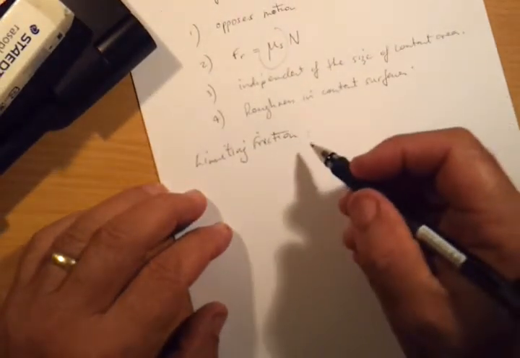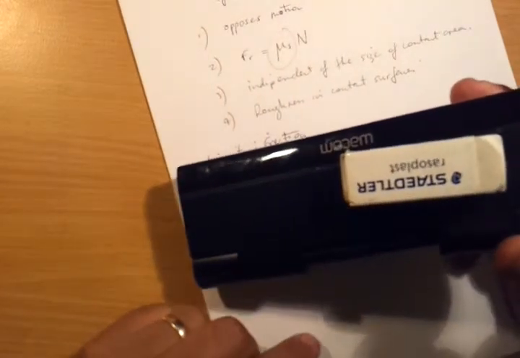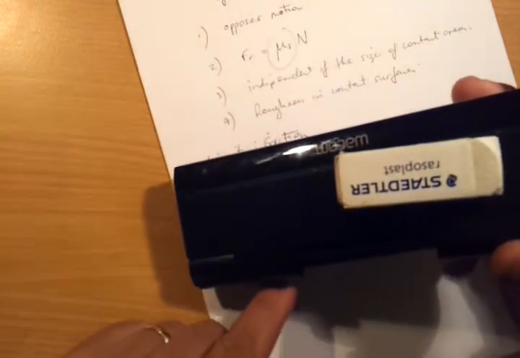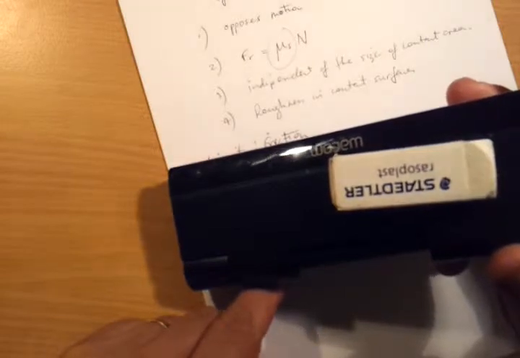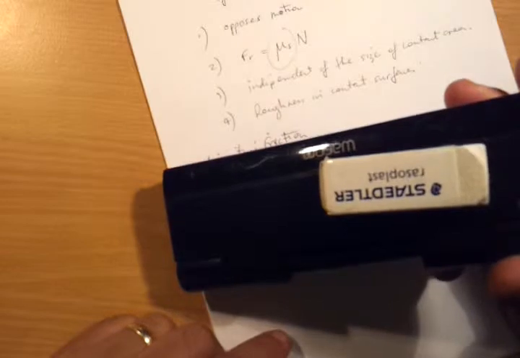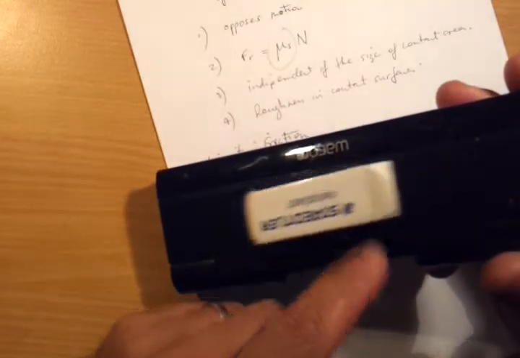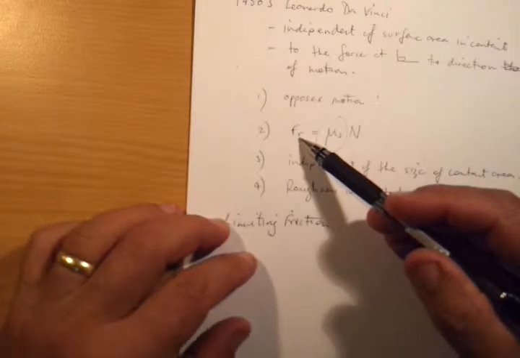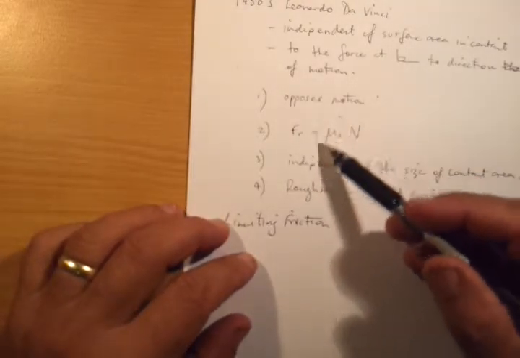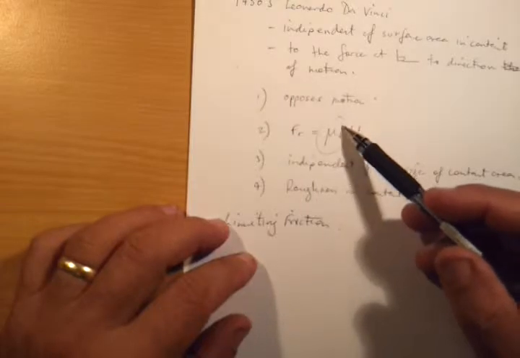Now, limiting friction will occur between two objects on an inclined plane surface at a certain angle, and it'll be a particular angle for those particular two objects, and you can measure it. And the relationship between those two surfaces is always related together through that formula that I just showed you up here. Frictional force is related to this coefficient of friction, which is unique for each different substance in contact.